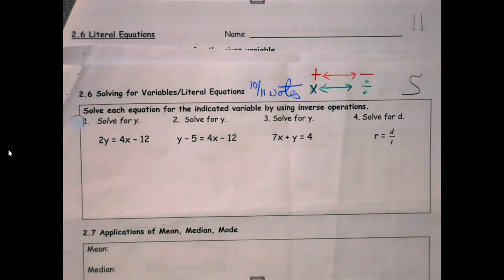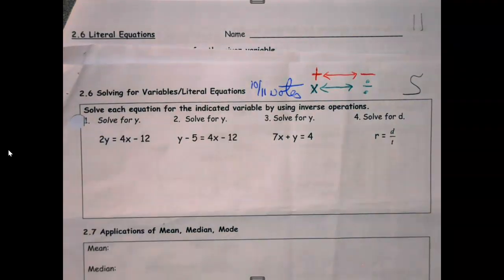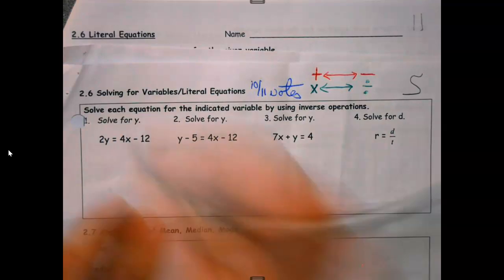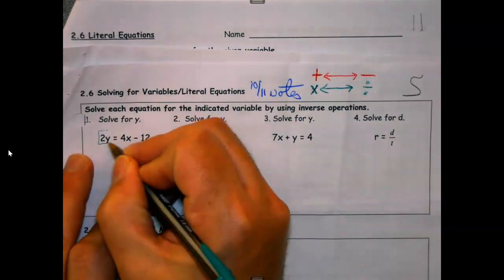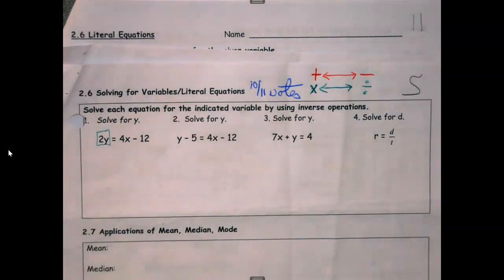We just got to get over the fact they look a little different. We're always going to look at the start of the problem to see what variable we are solving for. I would suggest taking one of your colors and boxing the term that has that particular variable in it.